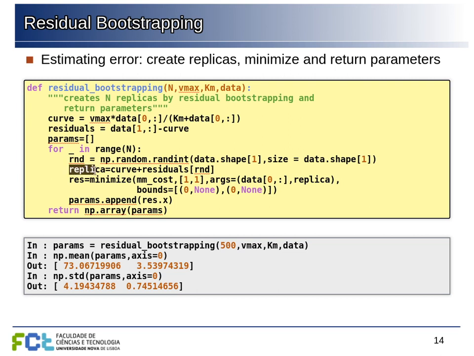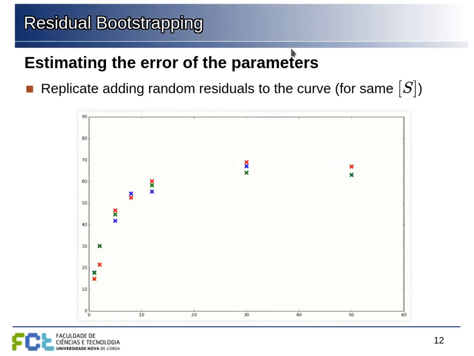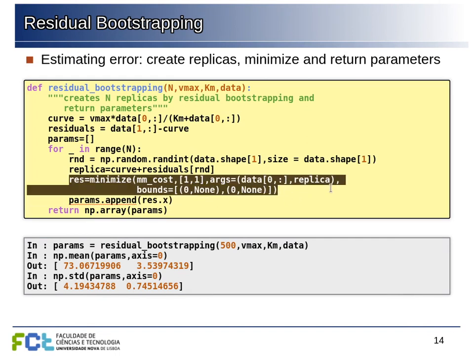So the values of the initial velocity in our replica will be the predicted values plus a random sample with representation of the residuals. So we are going to pick these residuals at random, add them to the predictions, and use that to create new sets of data. And now we're going to fit our model to these points.